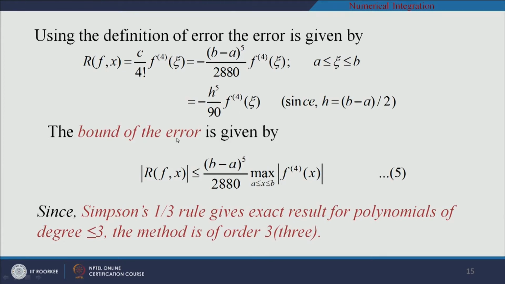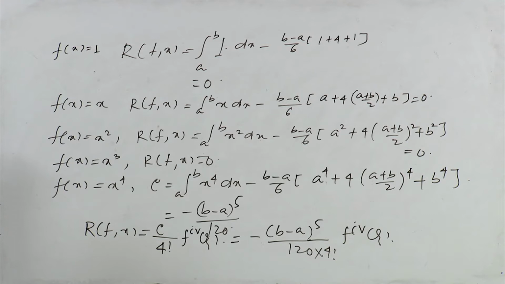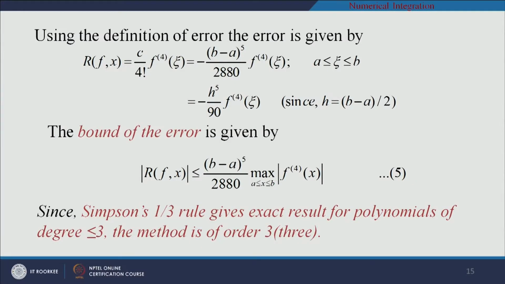The bound for this error, taking positive values, modulus of R of f of x is less than or equal to (b minus a) whole to the power 5 by 2880 into the maximum of f to the power 4 of x, where x lies between a and b.